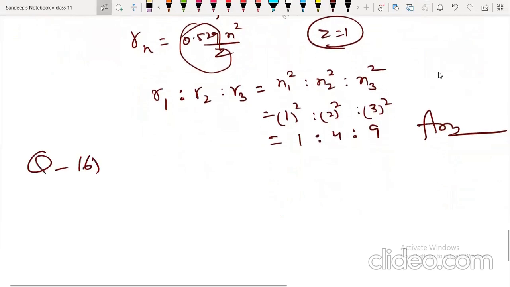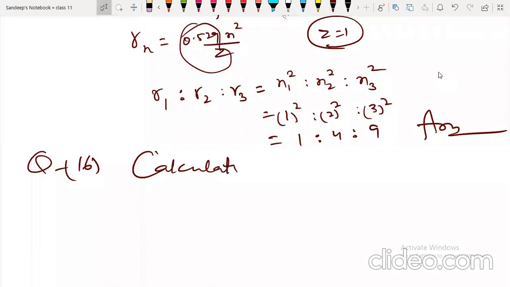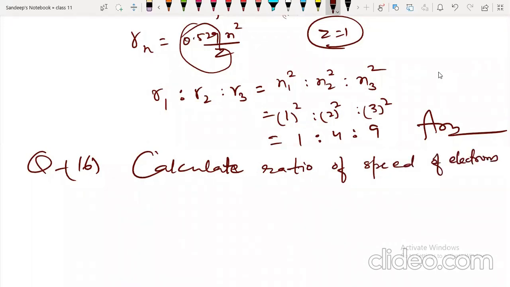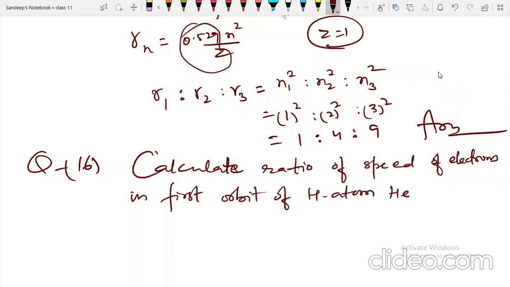Question number 16. Calculate the ratio of the speed of electrons in the first orbit of hydrogen atom, helium plus and lithium 2 plus ions.